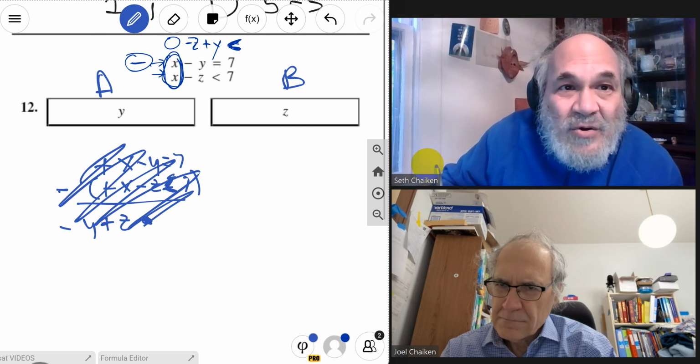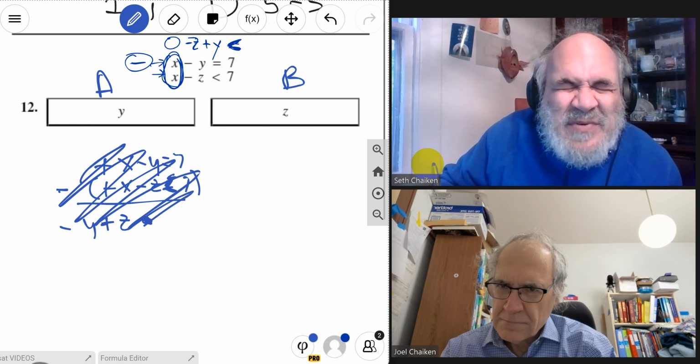Let's see, so the left-hand side is minus Z plus Y. The relationship symbol is less than, and the right-hand side is 7 minus 7, which is 0.